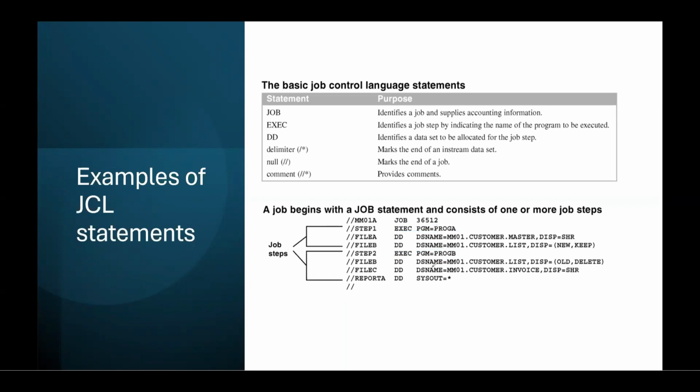Basically, it identifies the step, indicating the name of the program to be executed. And after that, we will have the DD statement, which identifies the data set to be allocated for the job step.